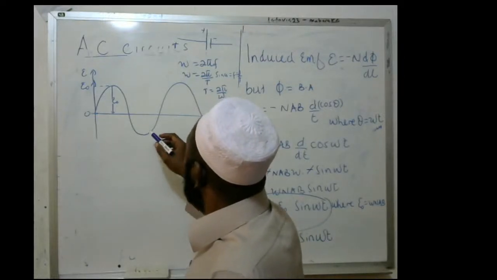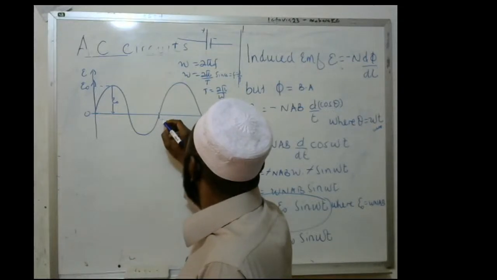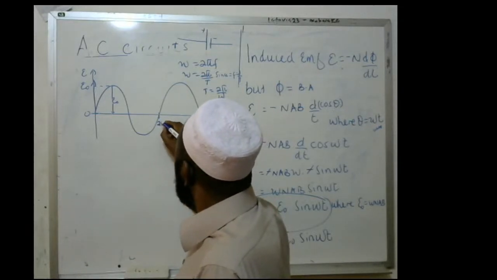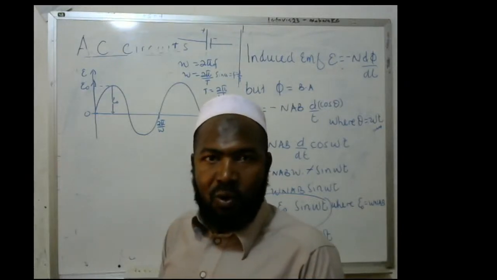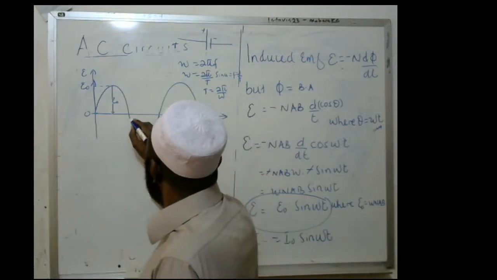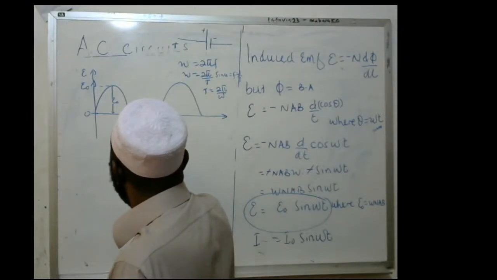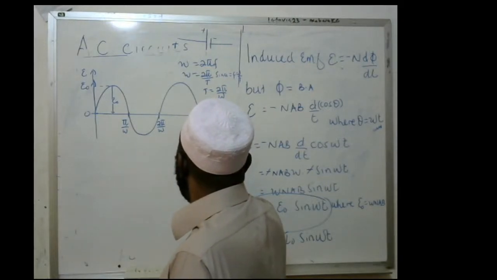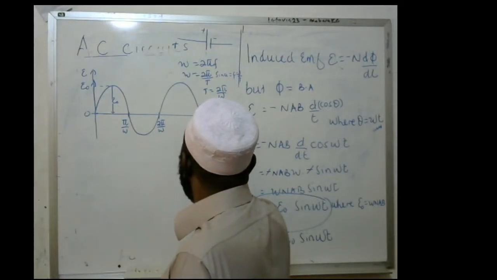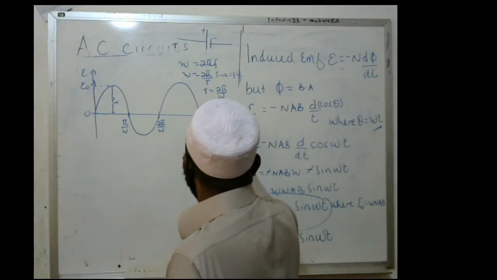Now that means for a full complete cycle of a wave, the time taken is going to be 2π over W. Therefore, half a cycle is going to be equal to π over W. 3/4 of a cycle is going to be 3π over W. And so on as the wave continues.